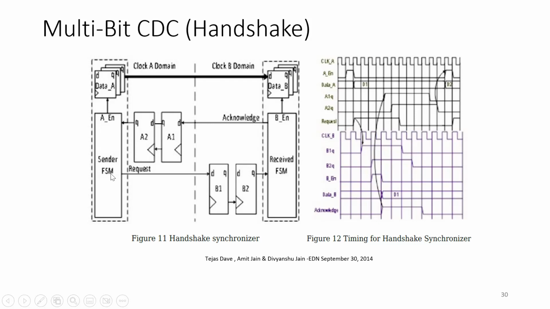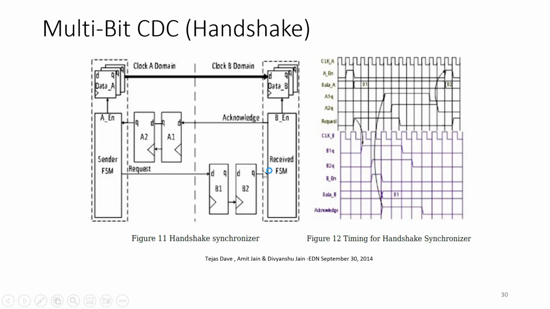Now, this state machine is sending a request to system B to grab the data. And this request must go through two D flip-flops to make sure that everything is stable.